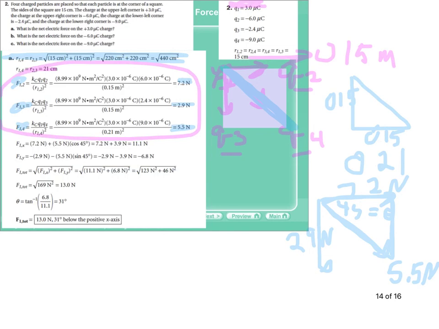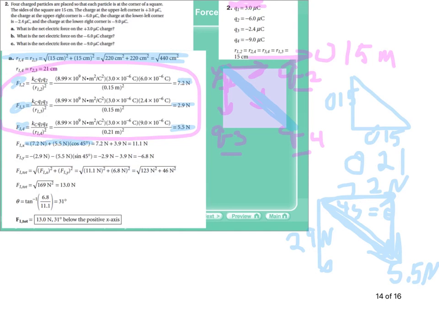So we end up taking 5.5 times cosine of 45, and then we add that to the 7.2. So 5.5 times cosine of 45 gives us the x component of our diagonal 5.5 force.